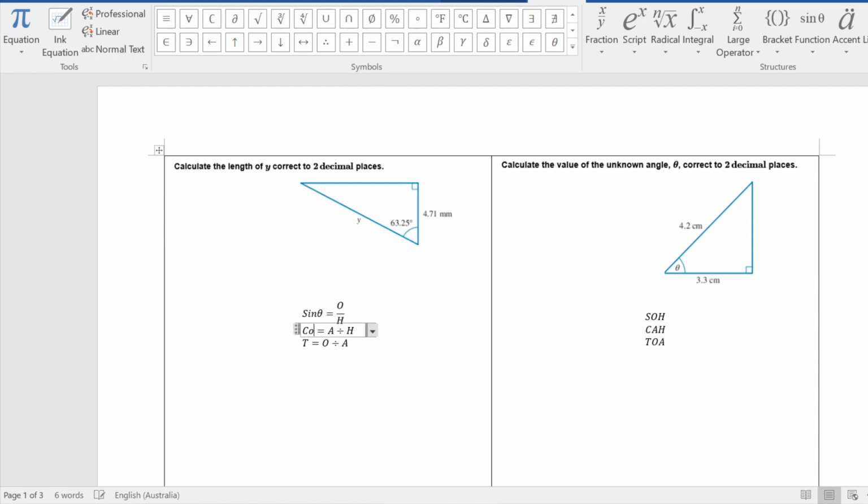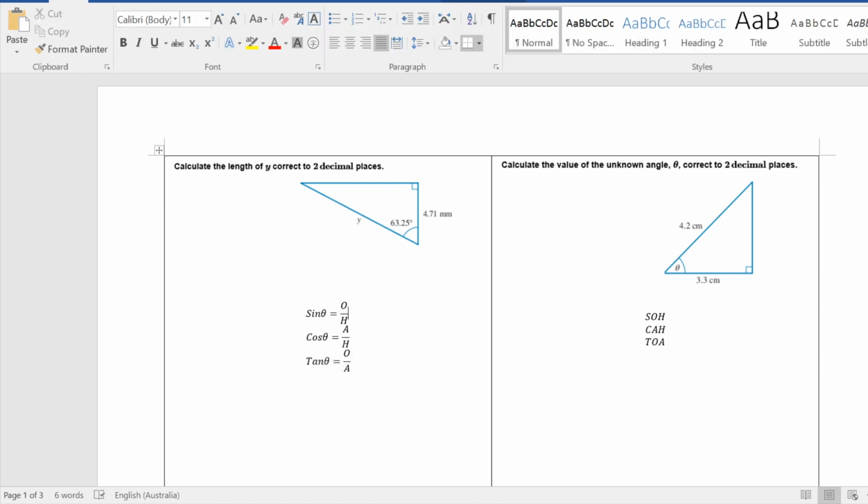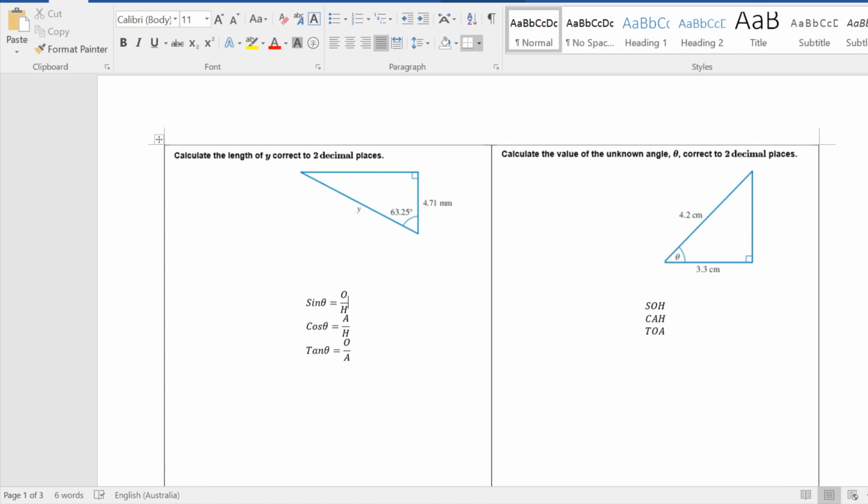C stands for cosine, so cosine of theta is equal to A over H. And finally, T stands for tangent, or tan theta, equals O divided by A. Alright, and there we go. What we now have are our 3 trig ratios.